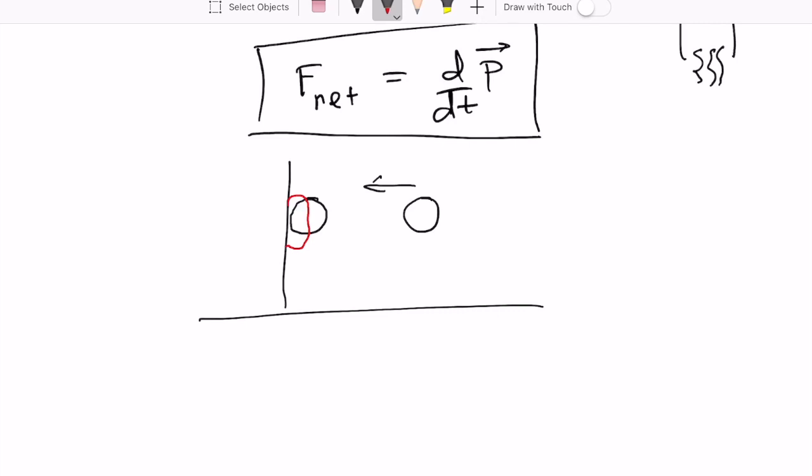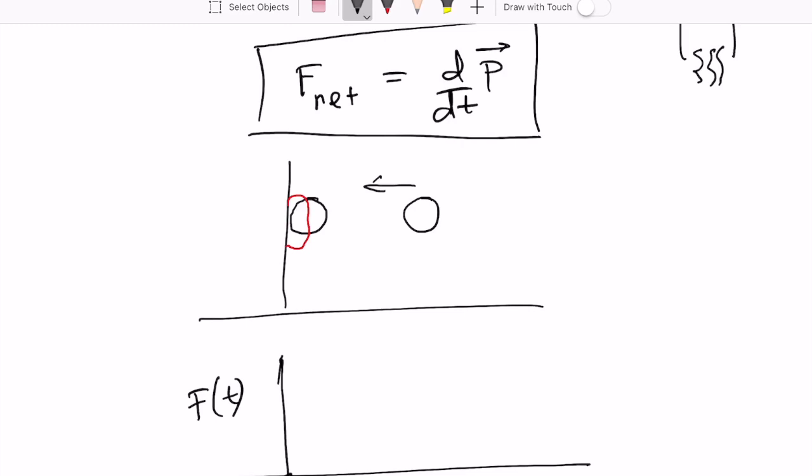Then the ball just takes off in the opposite direction, and as it's taking off, the force from the wall would decrease, and then becomes 0 when the ball loses contact with the wall, right? So if you wanted to make a graph of the force as a function of time, the force only starts acting when the ball first makes contact with the wall, and at that time the force is small.